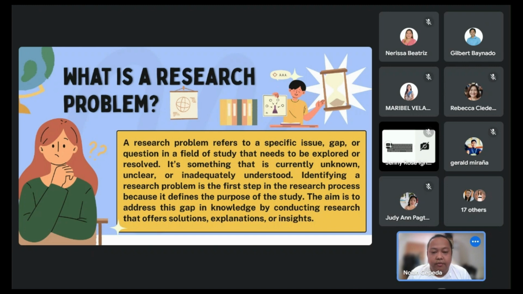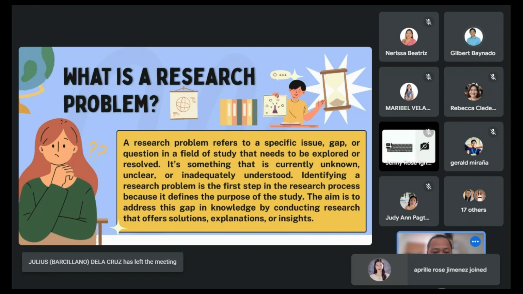A research problem refers to a specific issue, gap, or question in the field of study that needs to be explored or solved. It's something that is currently unknown, unclear, or inadequately understood. Identifying a research problem is the first step in the research process because it defines the purpose of the study. The aim is to address this gap in knowledge by conducting research that offers solutions, explanations, or insights.